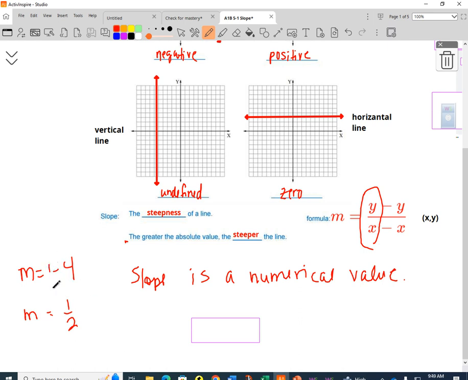So the absolute value of 4 is 4. Absolute value of 1/2 is 1/2. So we're going to say the slope of line 1, the slope of line 2. So line 1 would be steeper because it has a greater absolute value.